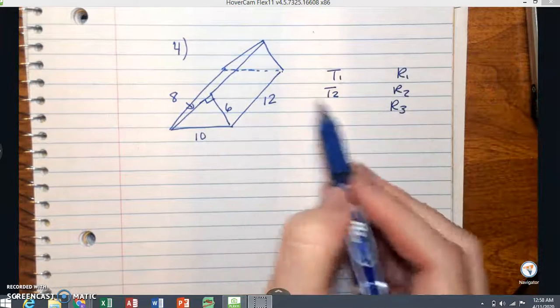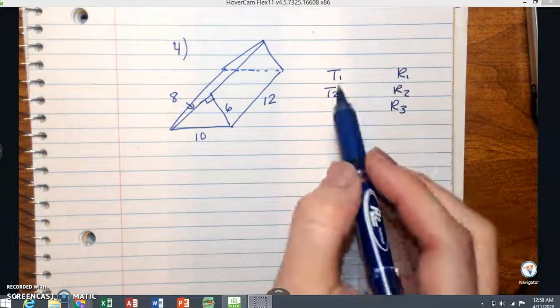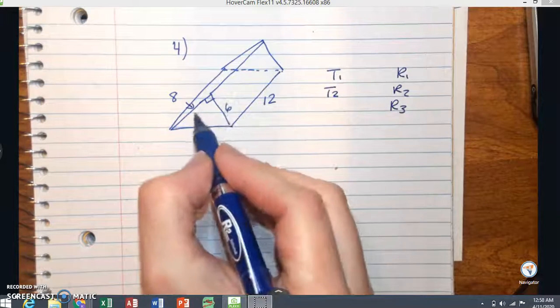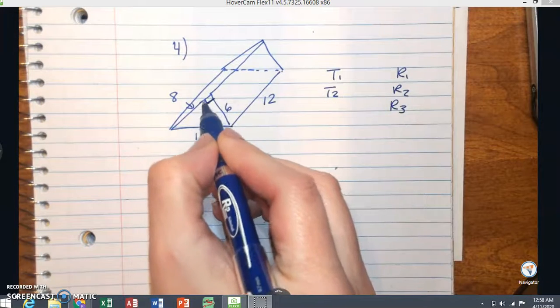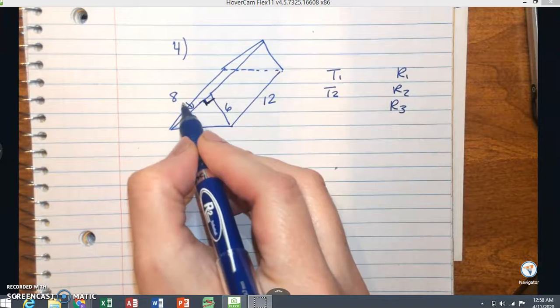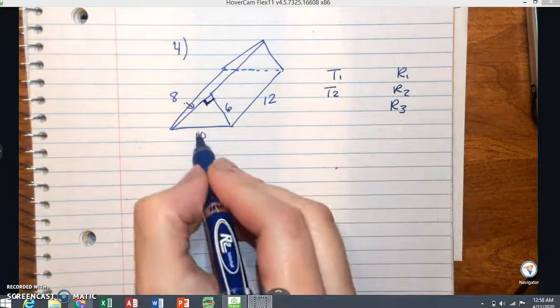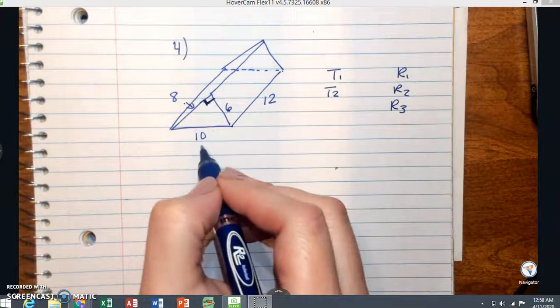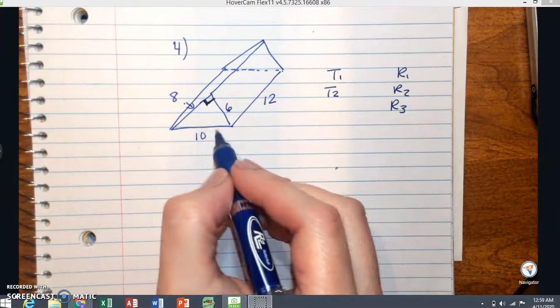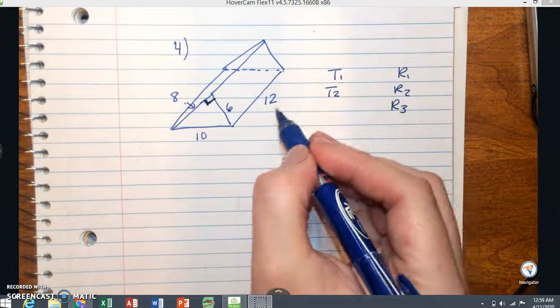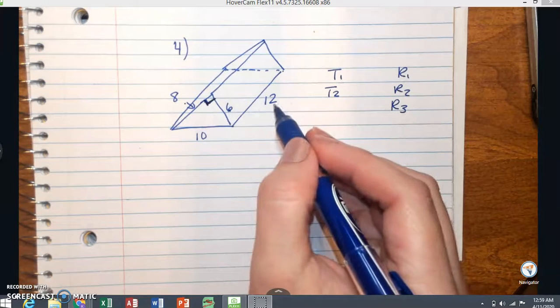You've got to know which numbers to use for your triangles. You're going to use the numbers that are next to the right angle symbol. So that means you're using the 8 and the 6 for your triangles. So you're going to ignore the 10 for this part. You'll use the 10 for one of your rectangles.